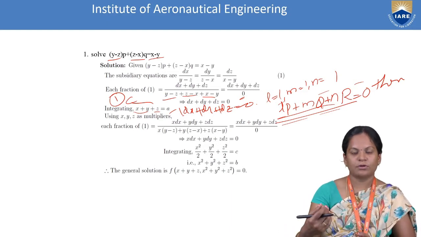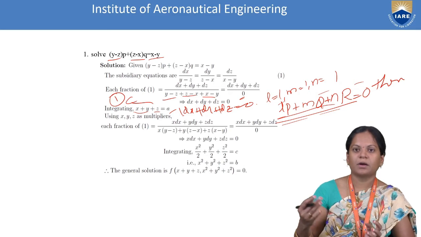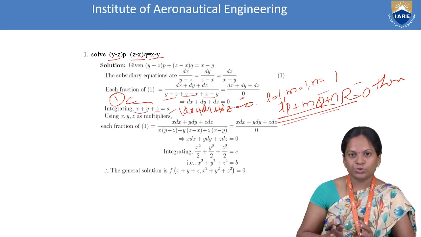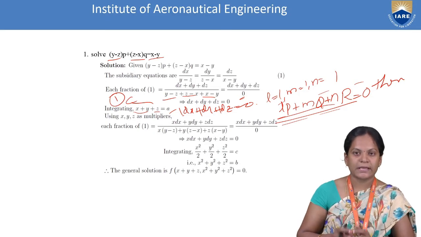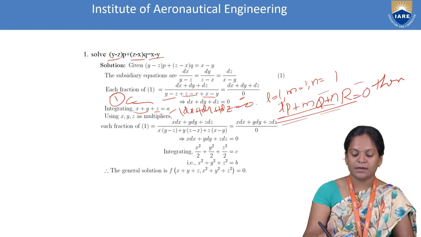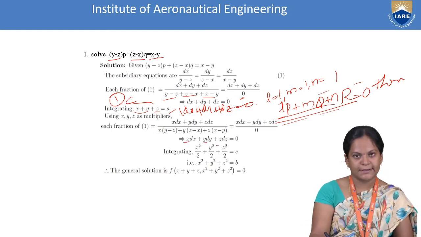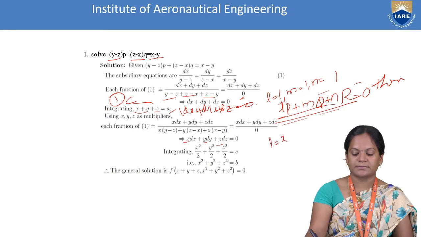Already we got one solution with the multipliers 1, 1, 1. Then choose another multipliers where LP plus MQ plus NR value is equal to 0. What L, M, N am I choosing here? X, Y, Z. L is here X.